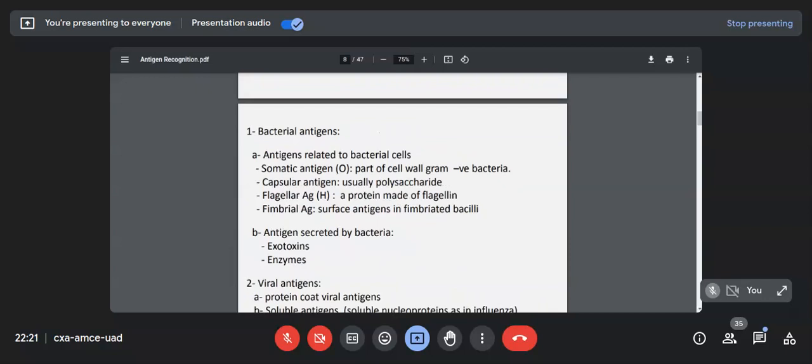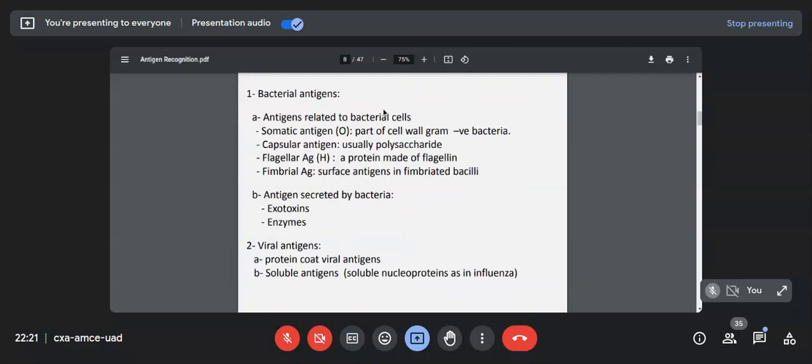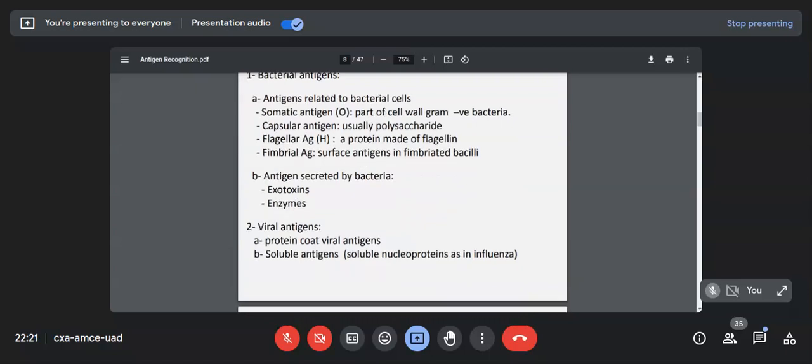These are antigens which are bacteria, in short. Then we also have antigens which are formed by the bacteria. Bacteria do secrete molecules, though I'll explain to you in detail when we do microbiology.